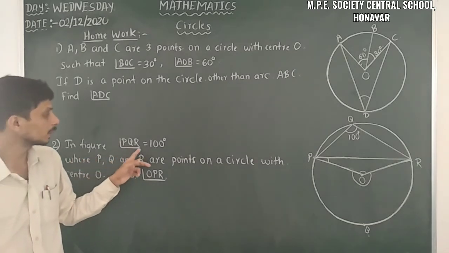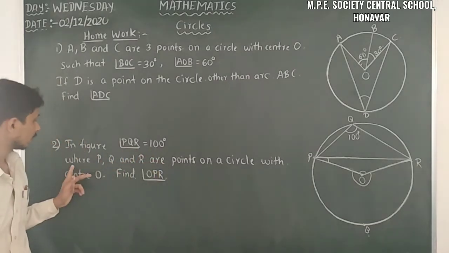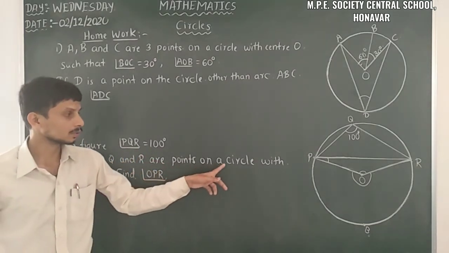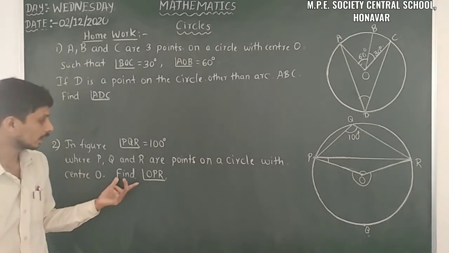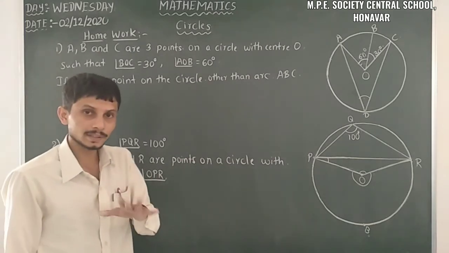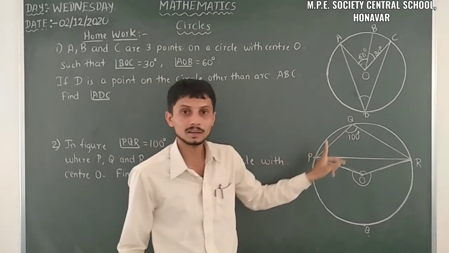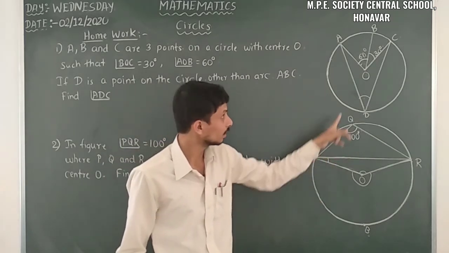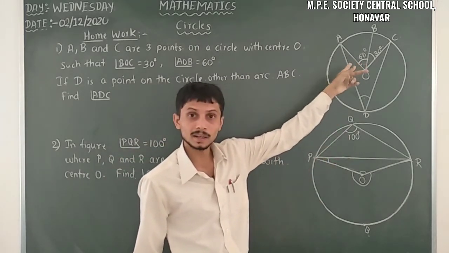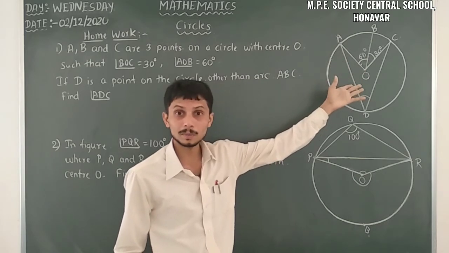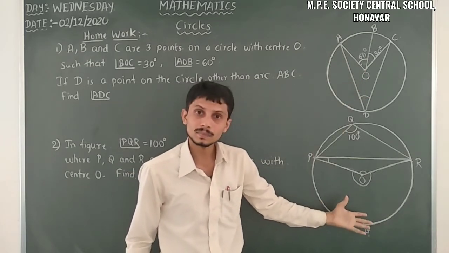In the figure, angle PQR is equal to 100 degrees, where P, Q and R are points on a circle with center O, and we have to find angle OPR. Let us be careful and observe here. Here we have an angle of 100 degrees, so it is the case of a minor arc, as we already learnt in theorem 10.8. Here it is a major arc.